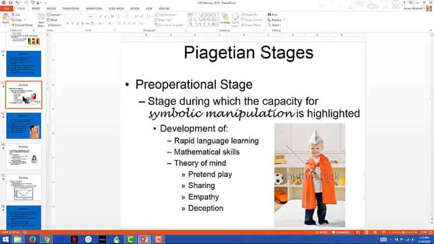Because the development of symbolic manipulation is one of the basic underlying principles that develops your ability to have better language skills, to develop mathematical skills, and to start to recognize that other people have thoughts different than yourself. All of that was, again, related to the pre-operational stage in the Piagetian stages of development from the developmental chapter.